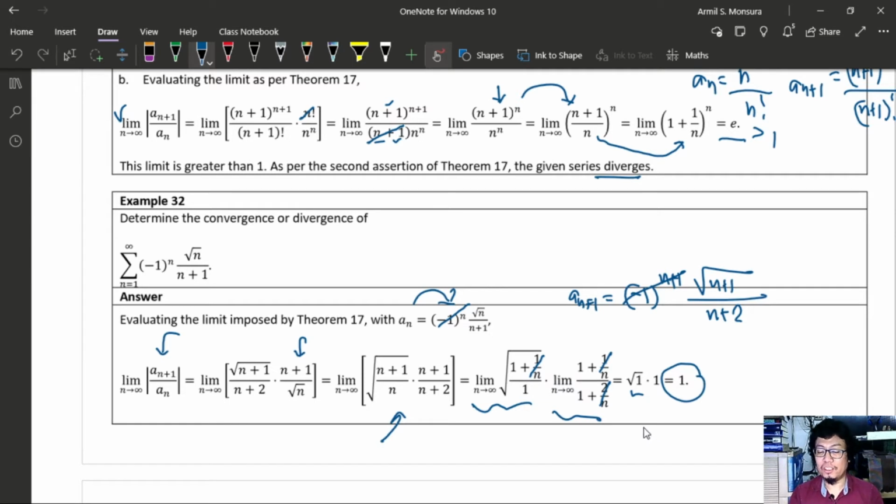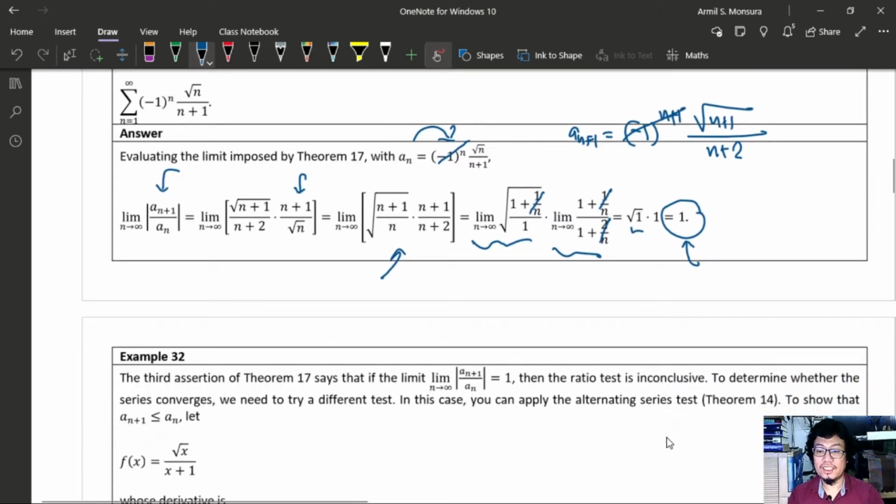And what does Theorem 17 tell us if the result is 1? If the result is 1, we don't have any conclusion yet. The third assertion of Theorem 17 says that if this limit is equal to 1, the ratio test is an inconclusive test, which means that the ratio test is not really a good test of convergence or divergence in this case.